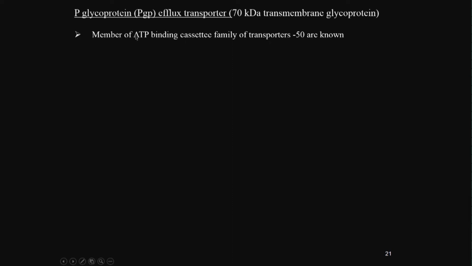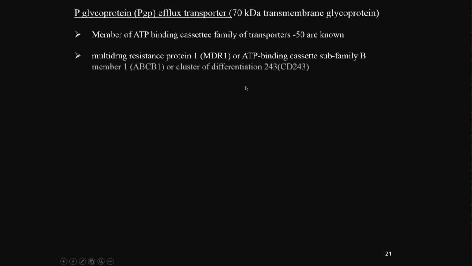What is this? These are members of the ATP binding cassette family of transporters. There are about 50 of them known, and they are found in different parts of the body. For example, if you look at multi-drug resistant diseases, you will find a lot of these ABC subfamilies. There are many different subfamilies and families.